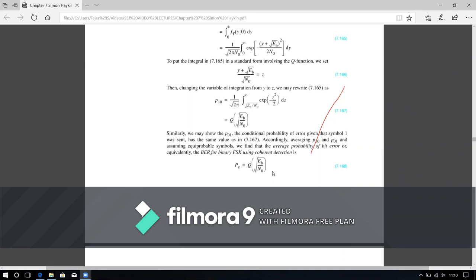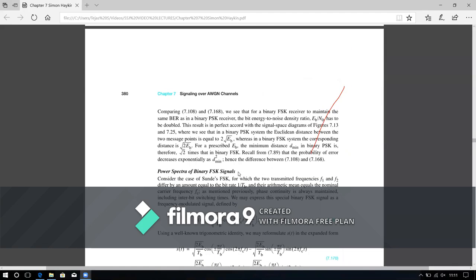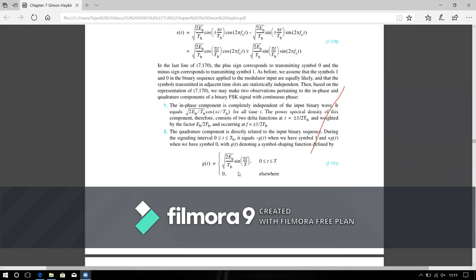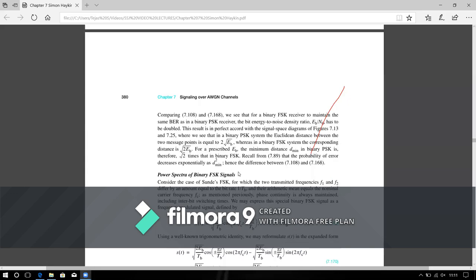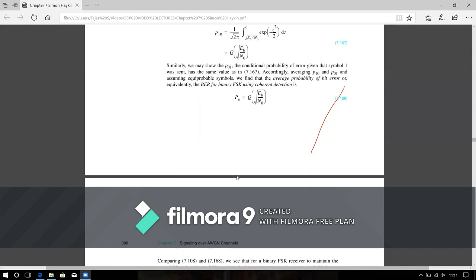Hence the average probability of error is the average of the two. When I take the average of the two, I get the average probability of error P equal to Q of root of EB by N0.